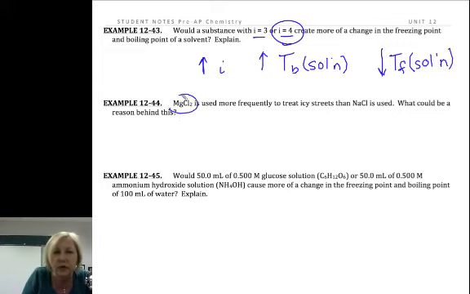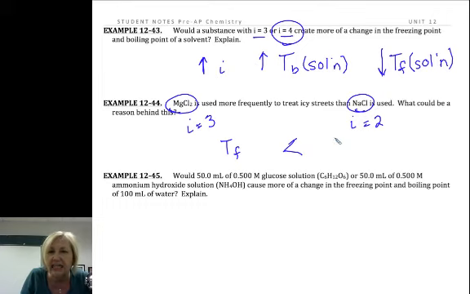So magnesium chloride is used as opposed to sodium chloride because magnesium chloride has i equal to 3. Sodium chloride has i equal to 2. So the freezing point for the magnesium would be less than the freezing point of the sodium chloride. So it would melt sooner. The lower the freezing point, the sooner it's going to melt.